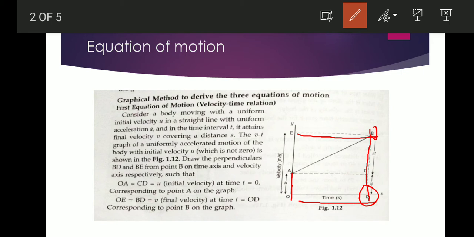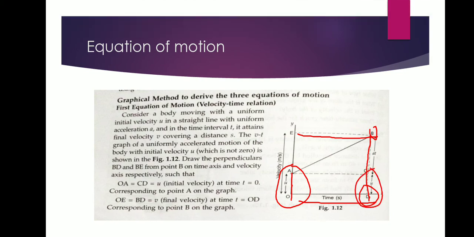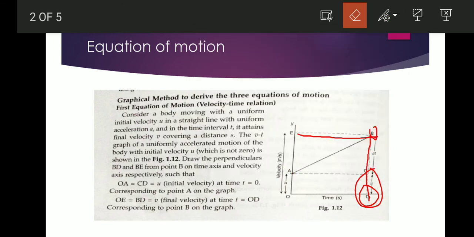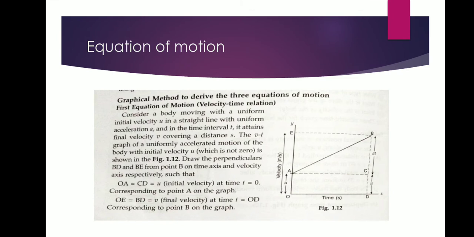Okay, then OA is equal to CD, that is initial velocity. This OA is equal to CD, since this is initial velocity. Okay, then final velocity OE is equal to BD. Where is OE?